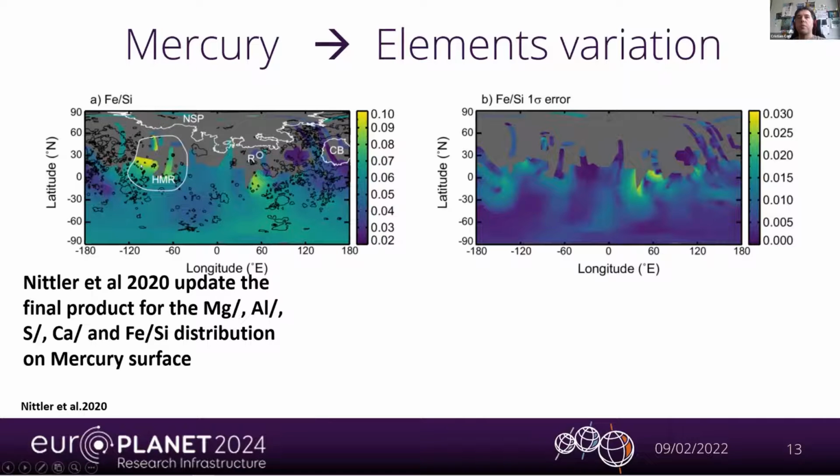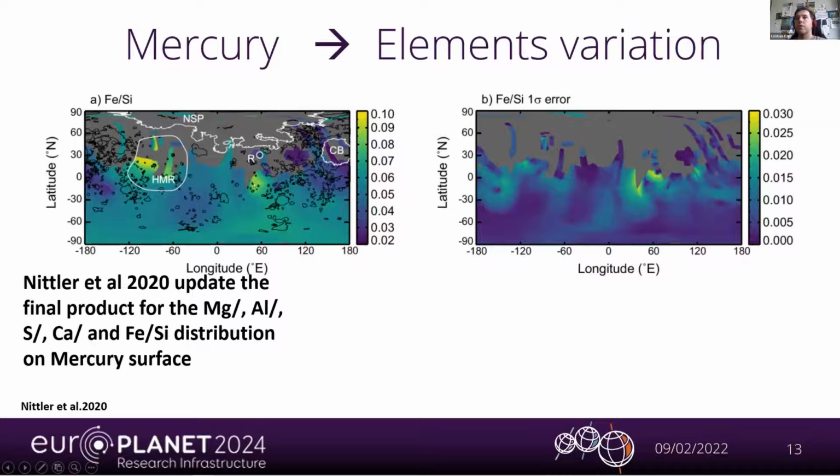And this is the final map of iron. And still we can clearly see that in particular there is an enrichment of iron in some portion of the high magnesium region. Some other regions seem to have an enrichment of iron, but if we compare with the standard deviation, so the error of these maps, we can see that just the area within the magnesium region has higher values of iron without higher values of error.